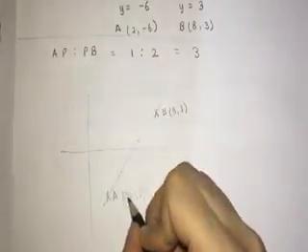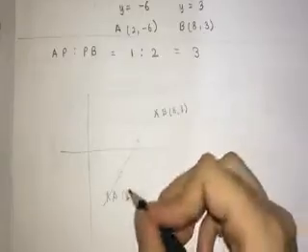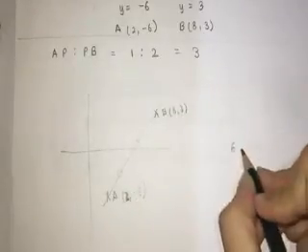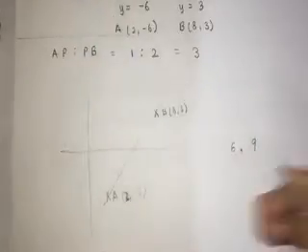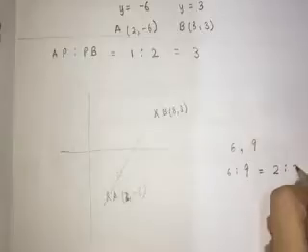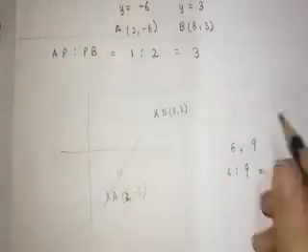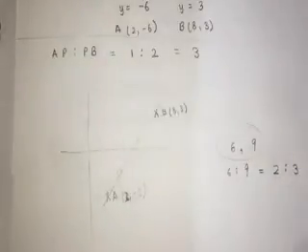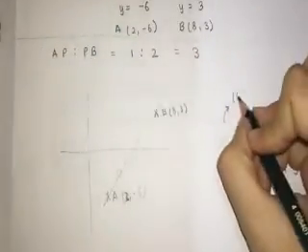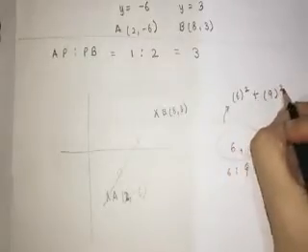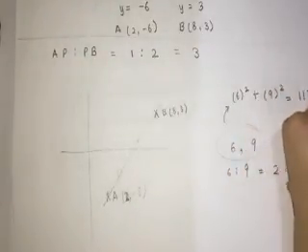first we see that 2 and 8 have a difference of 6, minus 6 and 3 have a difference of 9. So we're going to write it as 6:9, which can further be simplified to 2:3. But we're still going to use this for one more step, which is 6 squared plus 9 squared. That gives us 117.